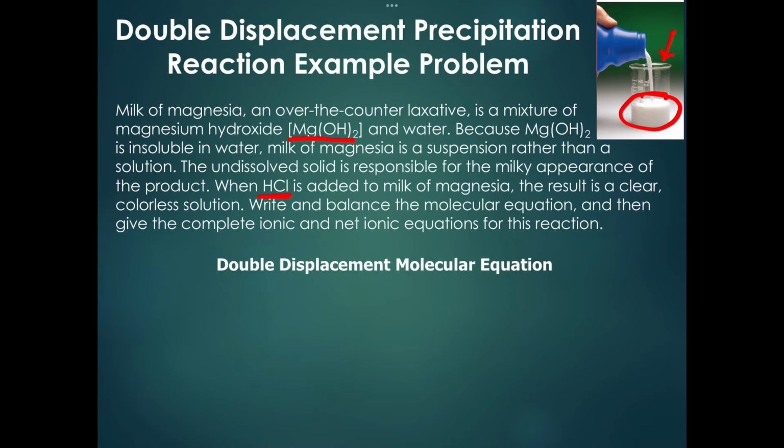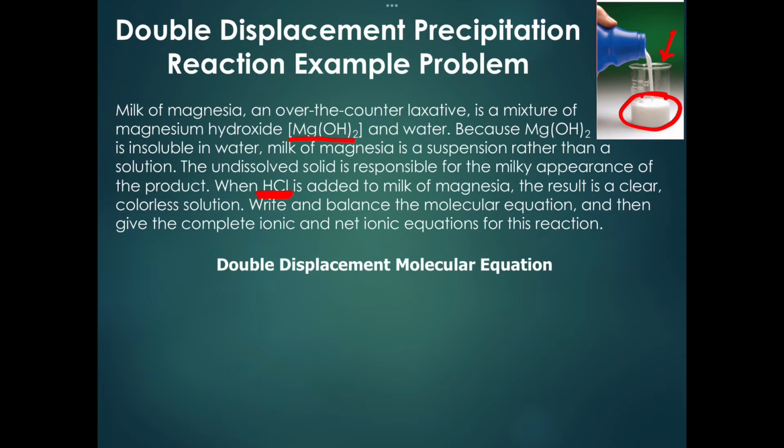But if we tell them it's an antacid, people tend to be more accepting of that. It's just something you take to get rid of some acid, right? And it's a base, which is kind of interesting to me. So essentially what's happening in our stomach is an acid-base neutralization reaction when you take milk of magnesia. Let's go ahead and write our reaction for what's happening.